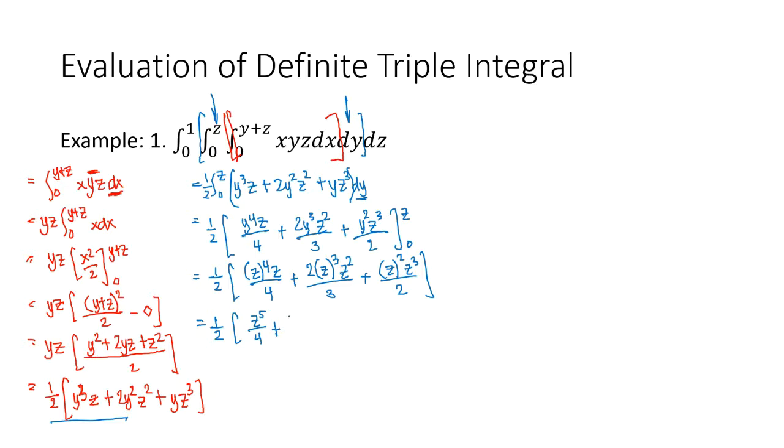Plus, we have 2z cubed times z squared, that is equivalent to 2z to the fifth over 3. Plus, we have z squared times z cubed, we have z to the fifth over 2. So as you can see, they are the same, z to the fifth, z to the fifth, z to the fifth. So we can just combine them together. So we have 1/4 plus 2/3 plus 1/2.